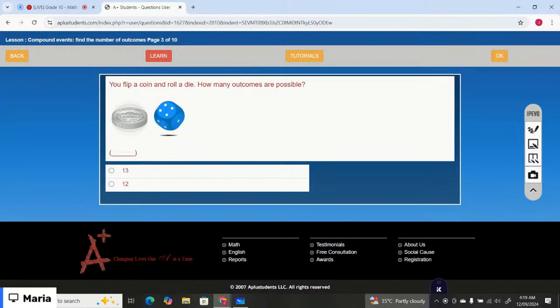You have 2 outcomes for the coin and 6 outcomes for the die. So, the total outcomes are 12. The correct option is 12. Option number 2 is the correct option, right?